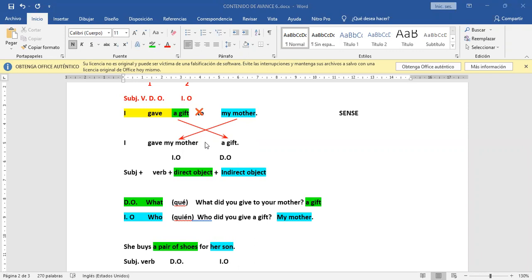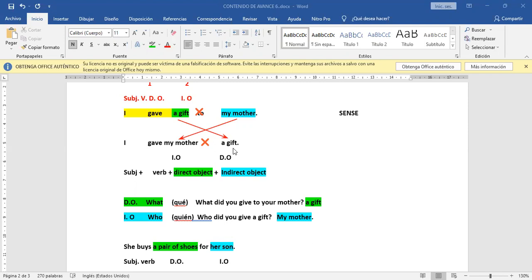It's not necessary here. When the indirect object is at the beginning, al inicio, the preposition to is not necessary. I gave my mother a gift.